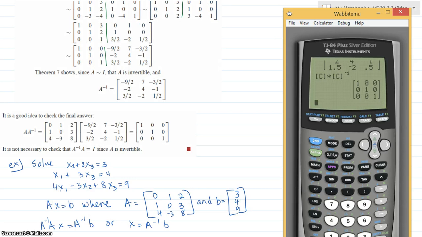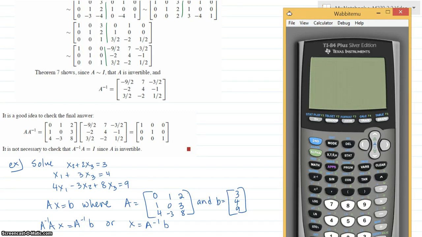Lastly, say you wanted to solve this equation, which uses the same matrix we used here for A. We're going to solve this equation where this is A and this is B. We learned that if it's invertible, you can take the inverse of both sides and solve for x. So let's see if that's what we get here. I went and cleared it first.